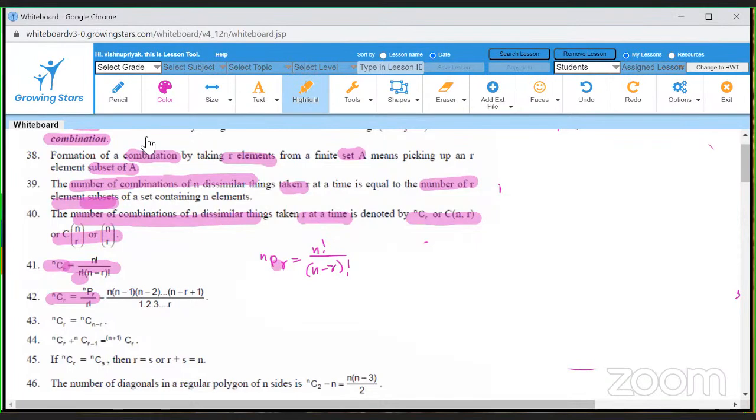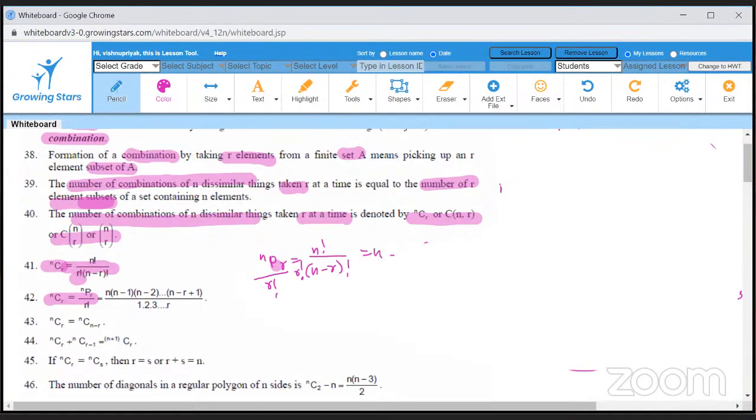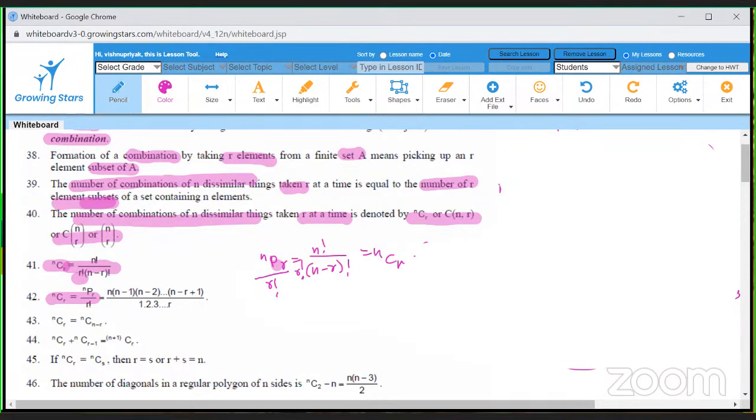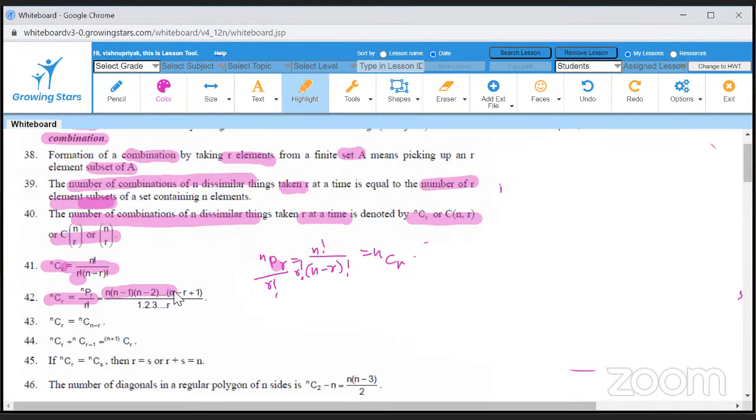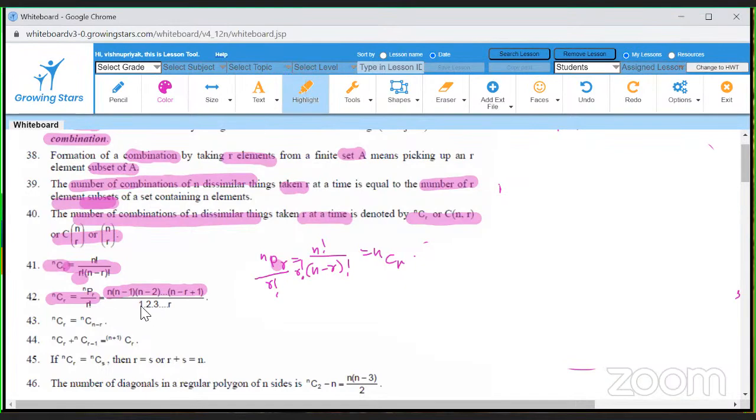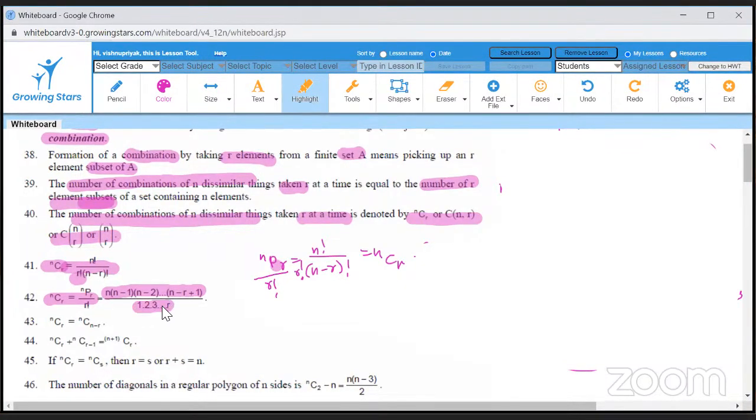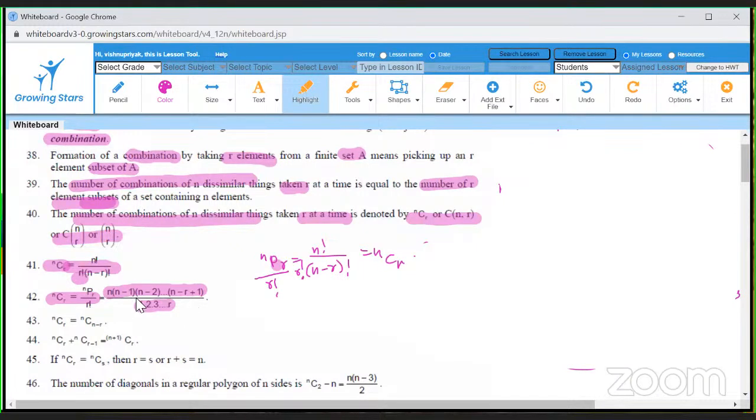If you divide NPR by R factorial, you will get NCR. And already I gave you one basic formula for NPR: N into (N minus 1) into (N minus 2) up to (N minus R plus 1). R factorial is 1, 2, 3, 4, 5 up to R. So this is the basic formula for NCR. You can use this formula or you can use that formula.